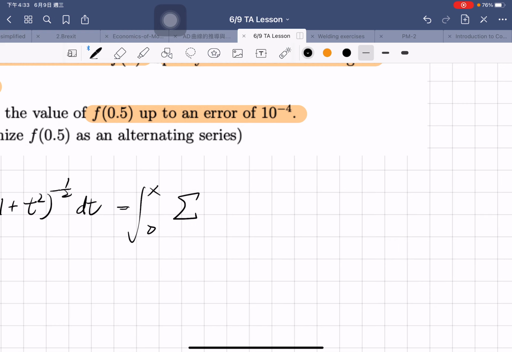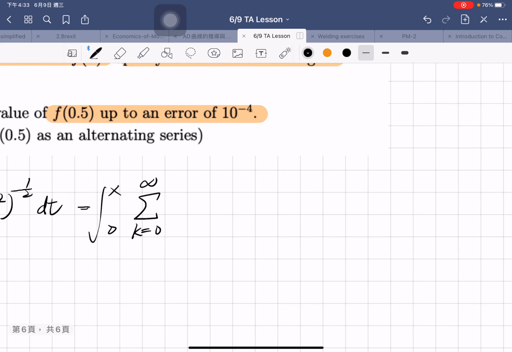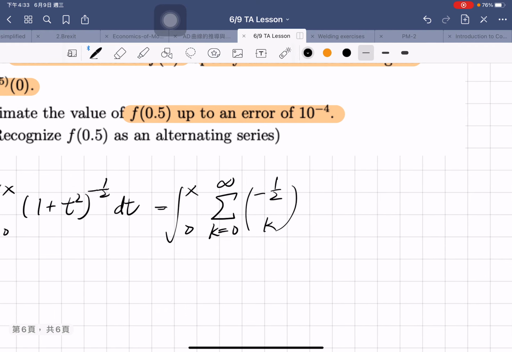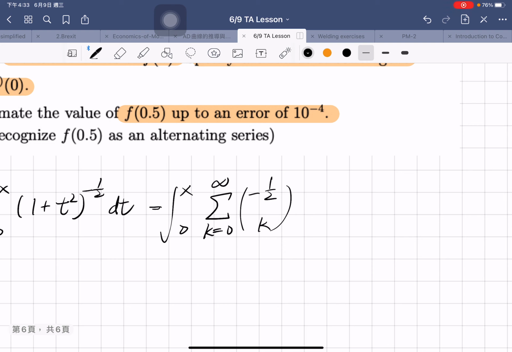So you turn out to have k from 0 to infinity, and there will be minus 1/2 choose k, and t squared to the k power, and a dt. I think I'm writing it the right way.